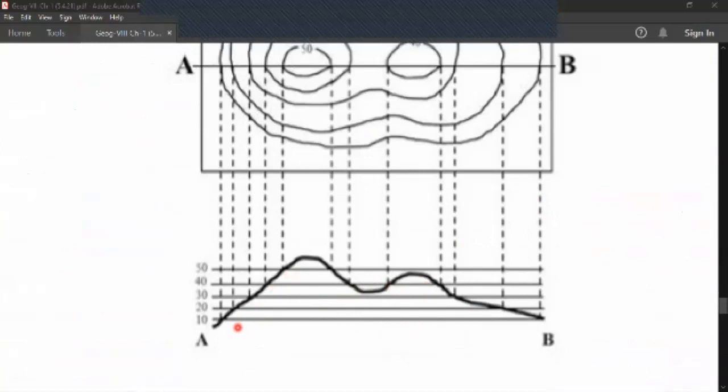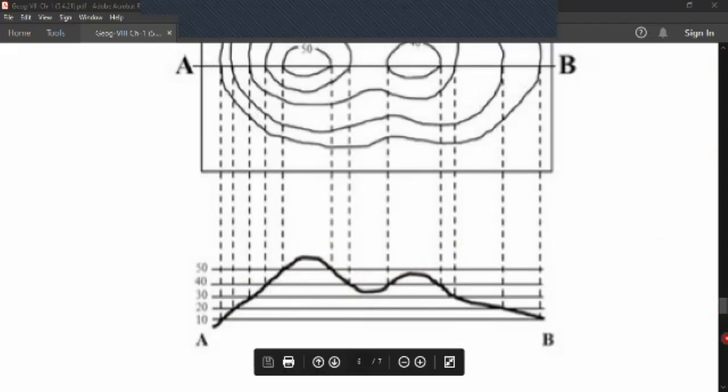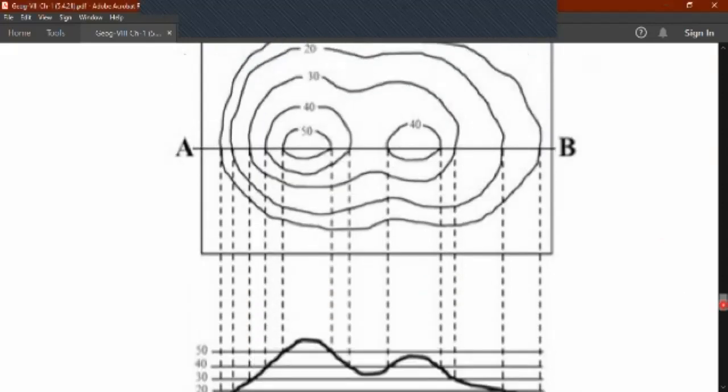A ridge could also have several peaks, two peaks here, of various elevations. The contours of a ridge are oval with contours close to each other indicating steepness. So here they are quite close, it's a steep slope here.